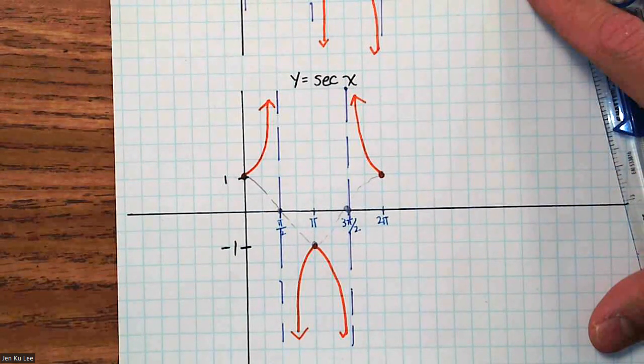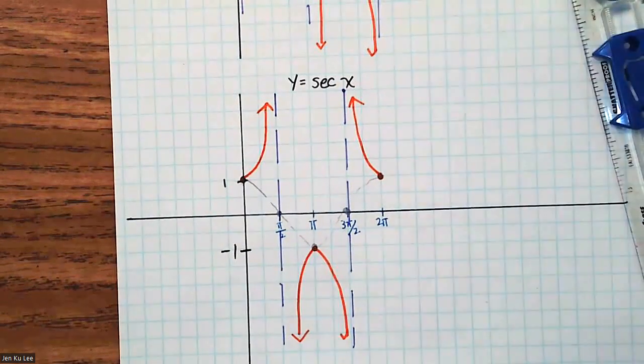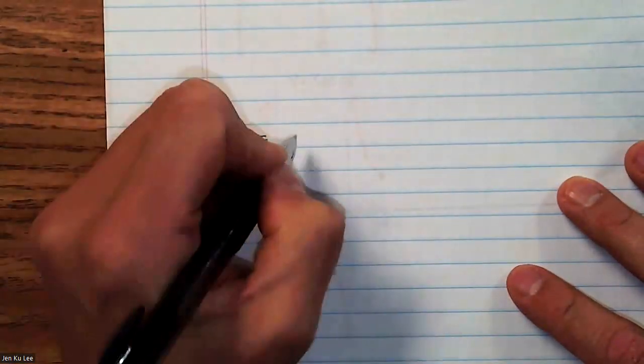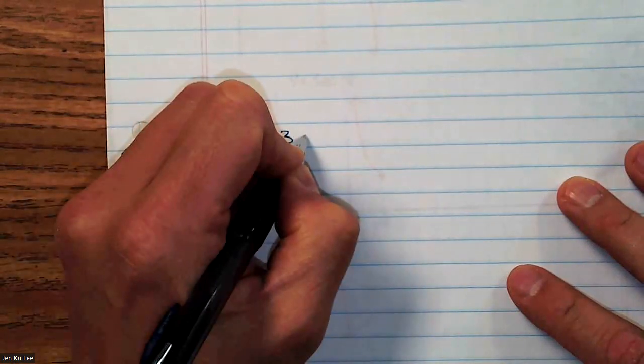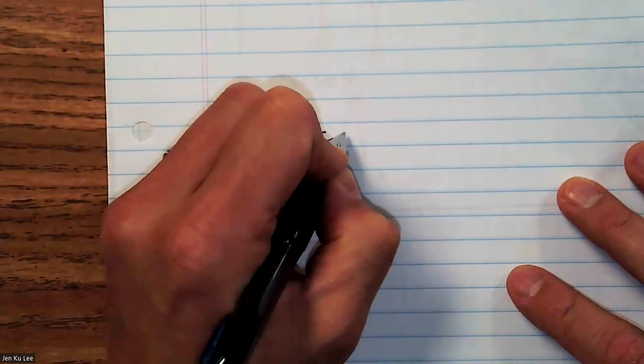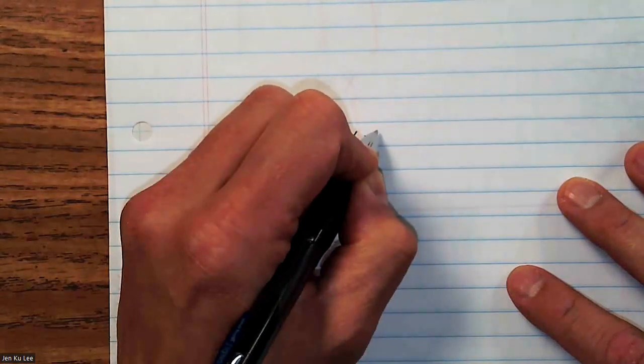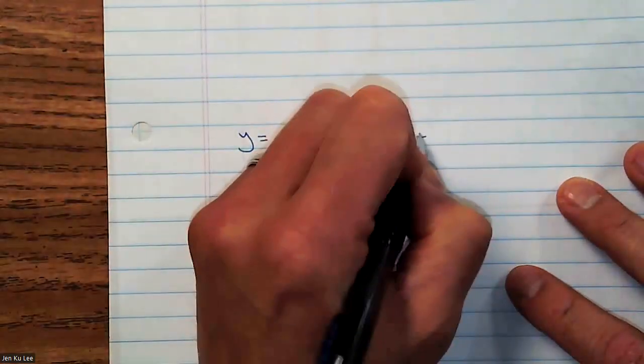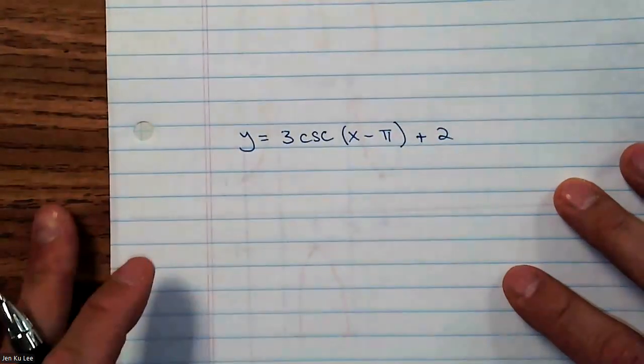So class, your first step in graphing cosecant and secant, right? If I give you, let's just talk about it first. Okay, if I give you something like y equals 3 cosecant of x minus pi plus 2, right?